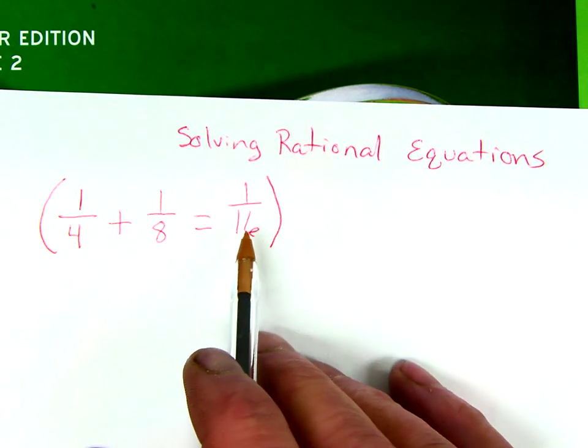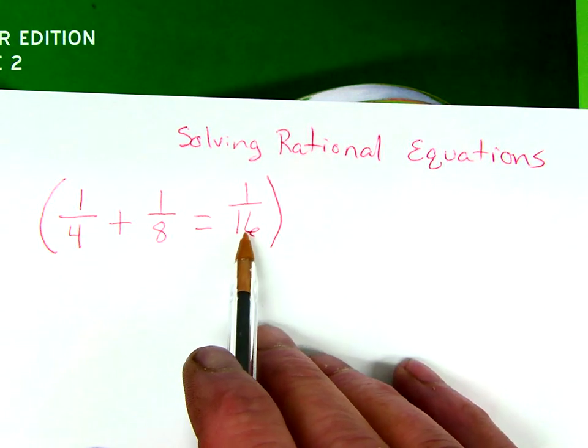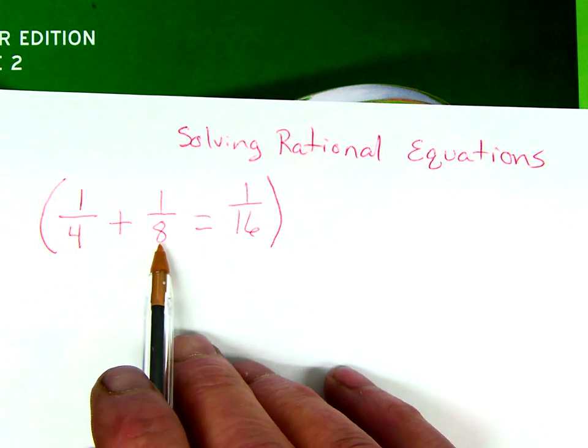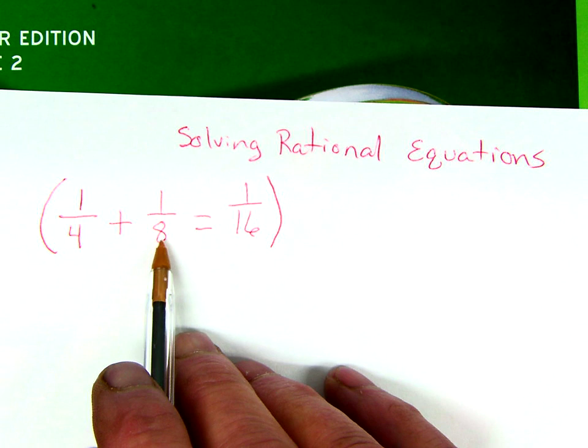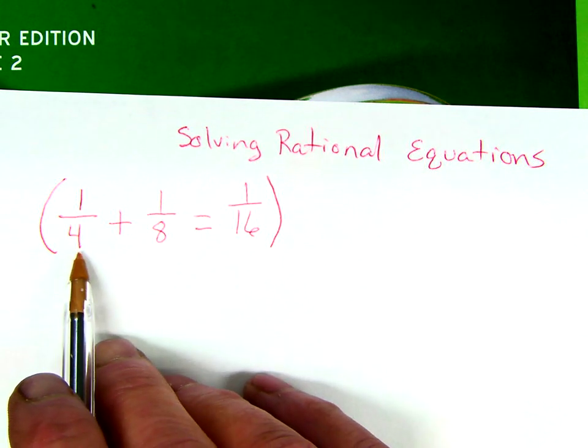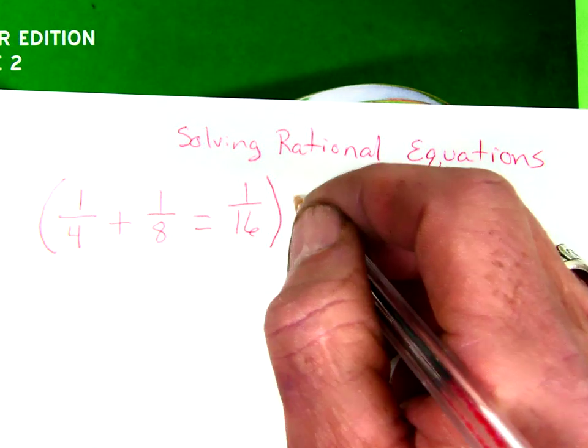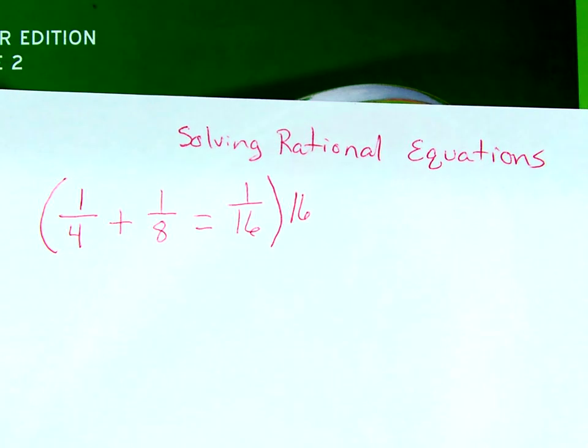The commonality here is 16. 16 times 1 is 16. 8 times 2 is 16. 4 times 4 is 16. So 16 is the commonality, and I'm going to multiply this whole equation by the number 16.